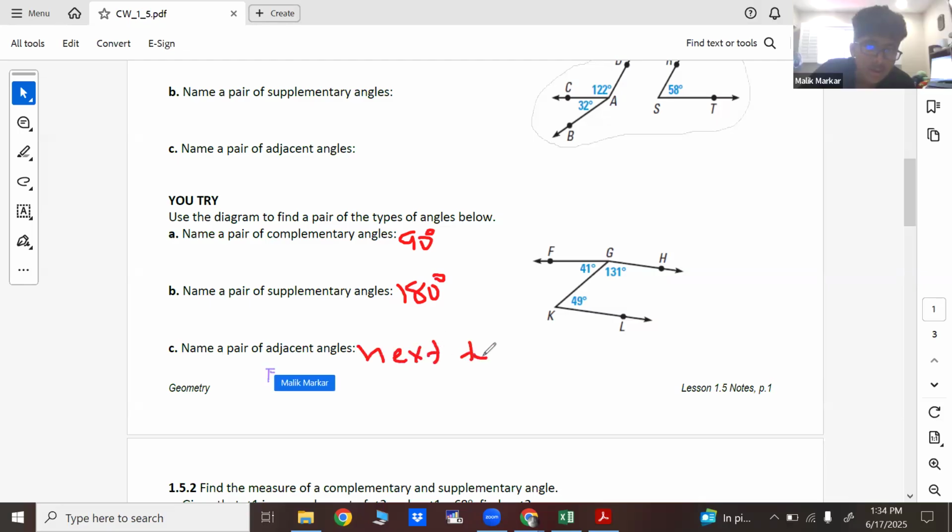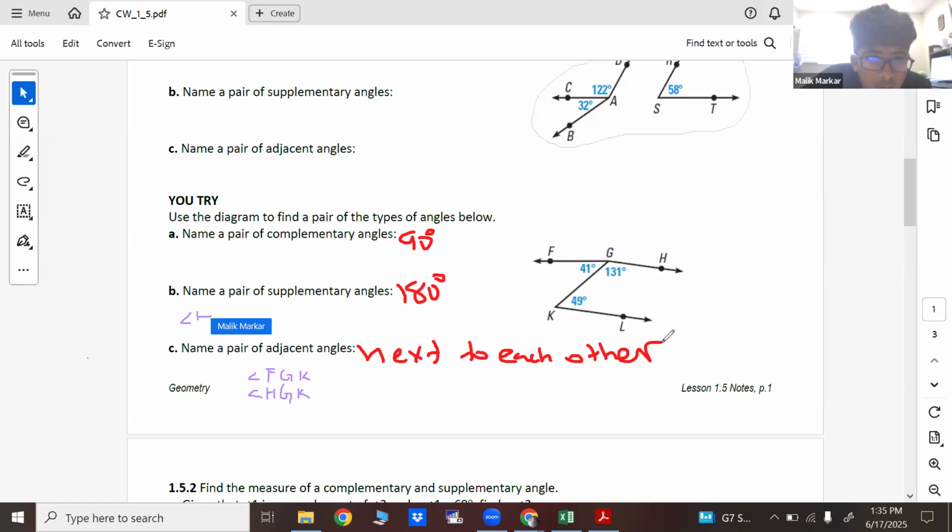So would this just be F, G, K? Okay. 180. And 90. Okay.